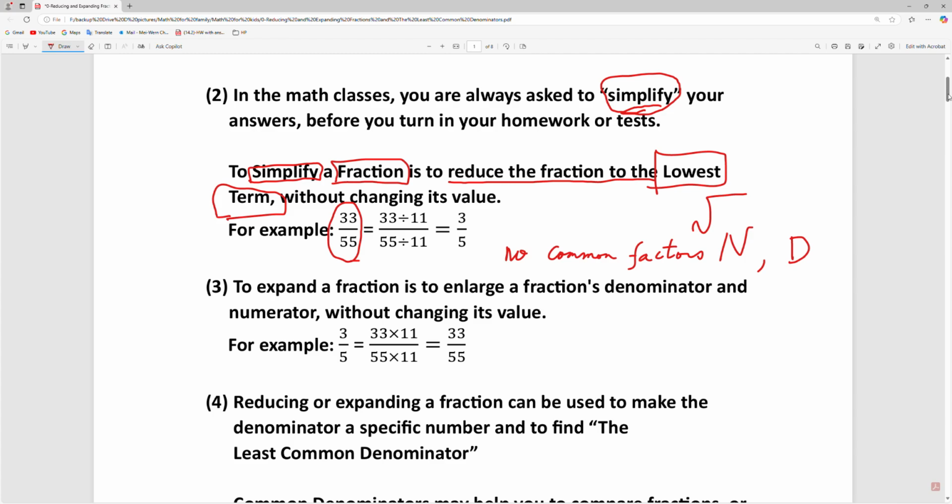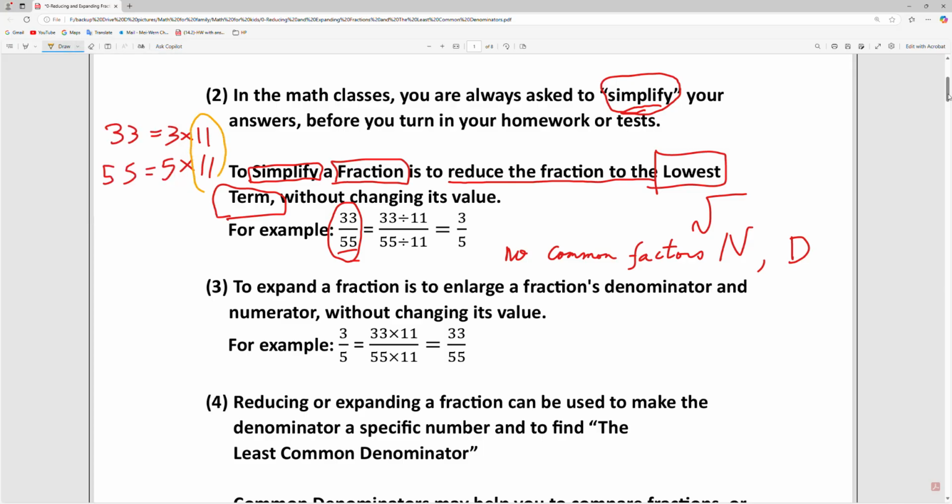So here, 33 equals 3 times 11, and 55 equals 5 times 11. It's obvious you can see that 33 and 55 have a common factor, 11. Then how do you reduce?